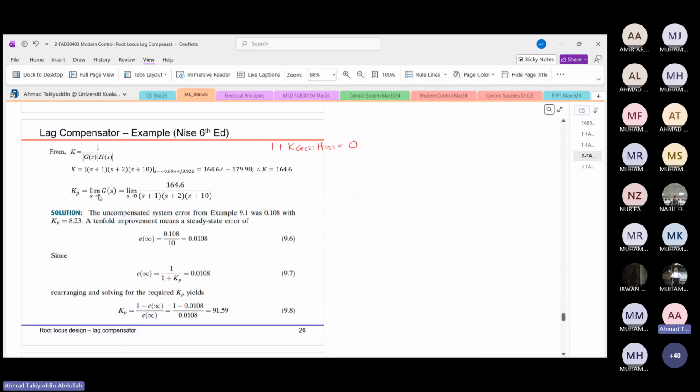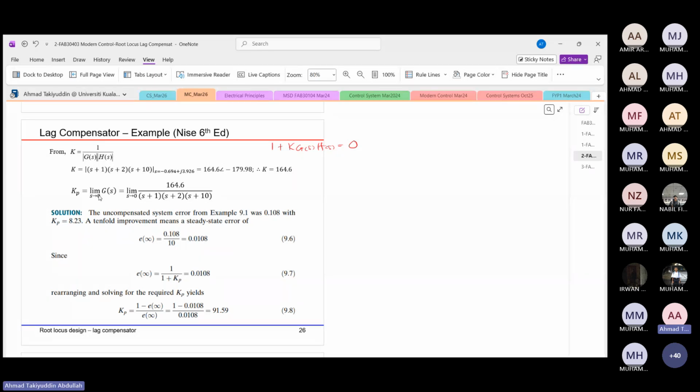Before this, you consider the compensator as K equal to 1 over G(s)H(s). And 1 over (s+1)(s+2)(s+10) means that you're going to have your K with (s+1)(s+2)(s+10) for this example.